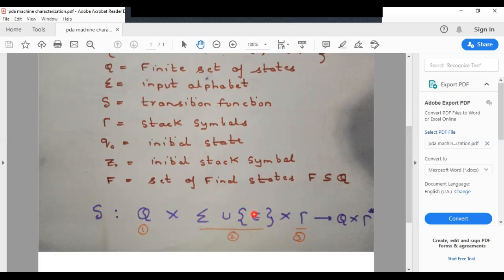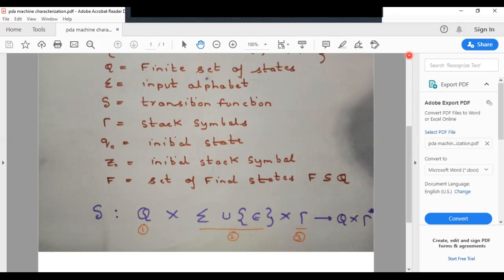Generally epsilon indicates the end of the string. If we are reading epsilon from the input tape, that means we have exhausted the entire string and moved towards the end of the string. The third entity is the symbol on the top of the stack. So by the combination of these three things, we can define a move or a transition in PDA, which may result in a change of state, or maybe the state may not change, and any valid stack configuration.